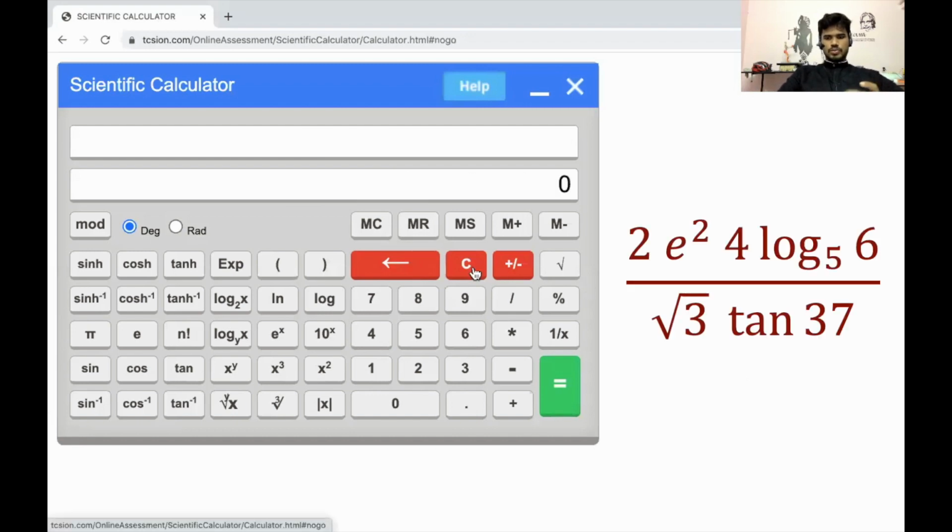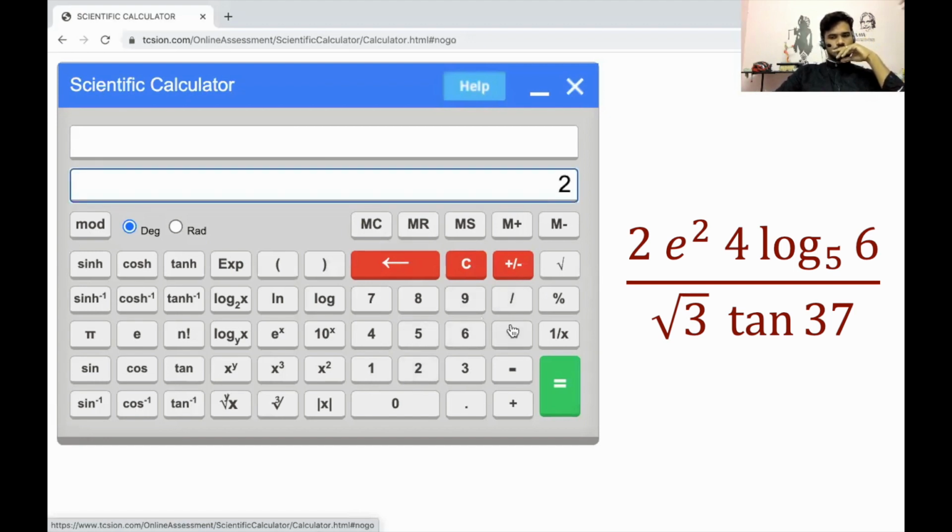So 2e square 4 times log 6 to the base 5, all of them in the numerator. And then in the denominator, we have by root 3 into tan 37. Let's say that is in degrees, tan 37 degrees. How do we do this?